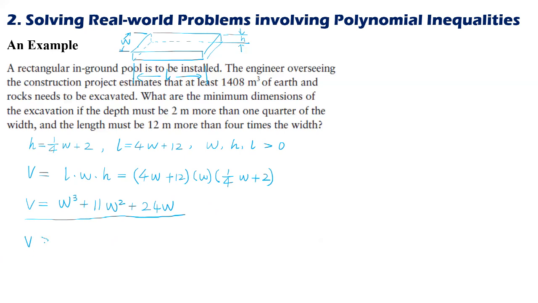At least means greater than or equal to 1408. This is equivalent to W cubed plus 11W squared plus 24W greater than or equal to 1408, right?